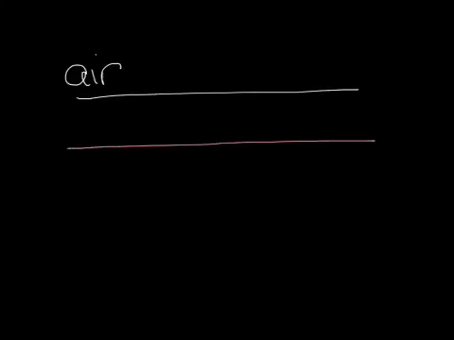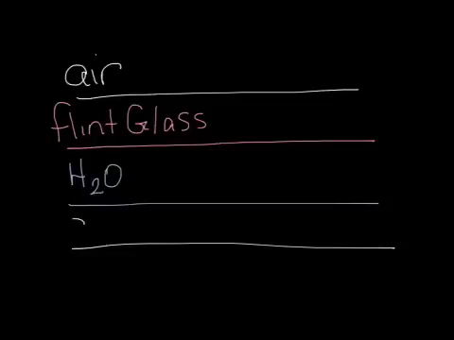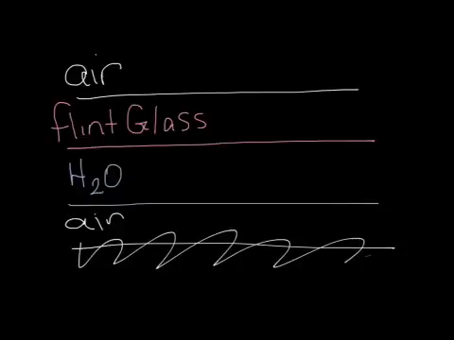And for our purposes, we're going to call this the flint glass. Okay? And then it goes through another layer, and I'm going to call this water. And then finally back out to the air. And this is all air, and this is all air.